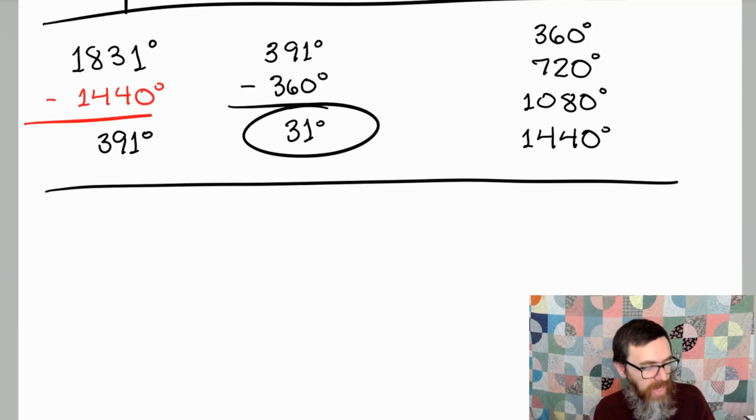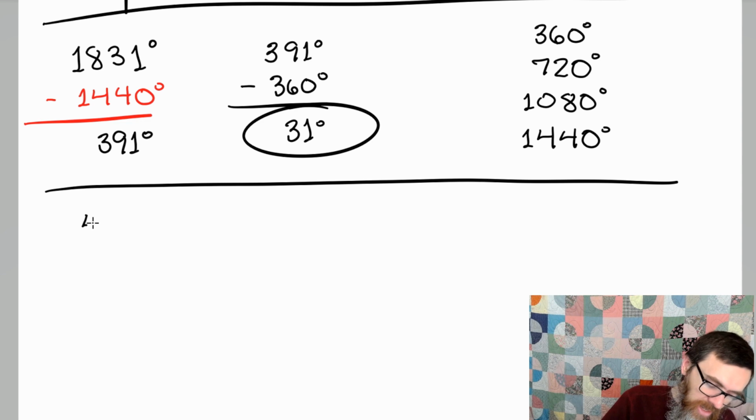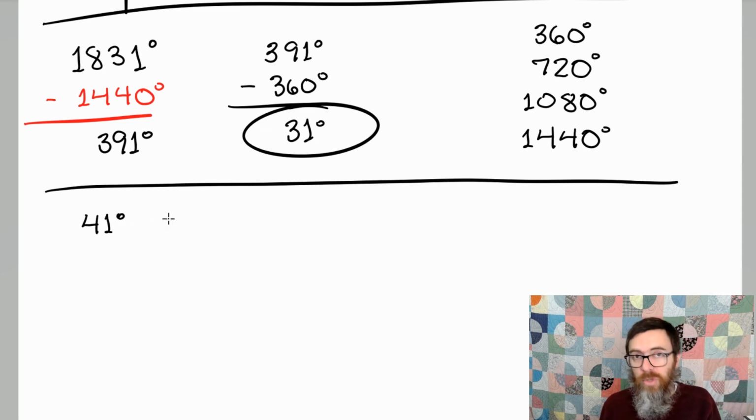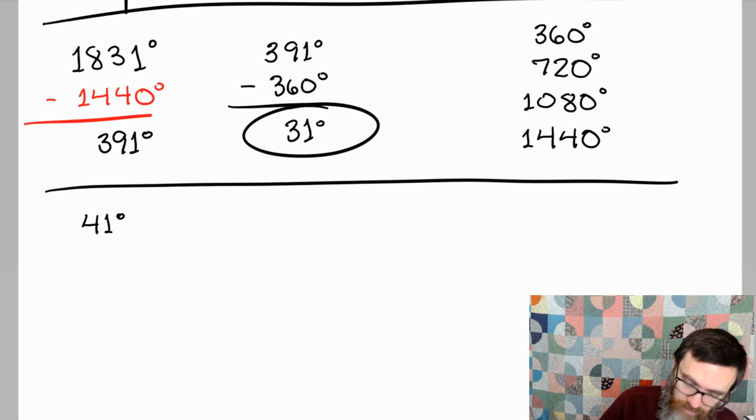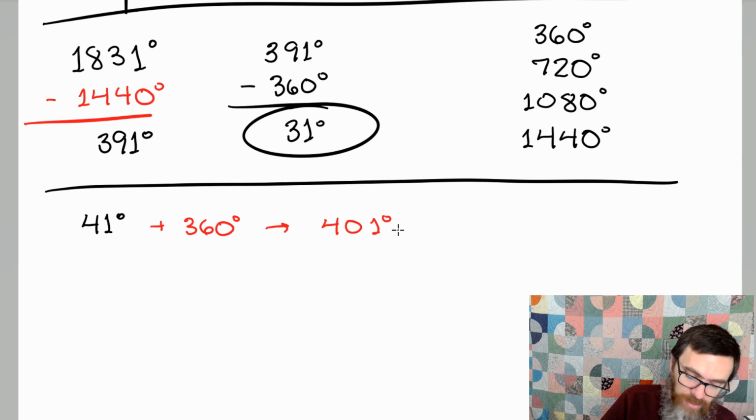Now, the next few examples task us with finding 2 angles that are coterminal, one positive and one negative. So if we look at 41 degrees, an easy way to get something that is coterminal and positive to this is to add 360 degrees. And so that means that 401 degrees is going to be coterminal.